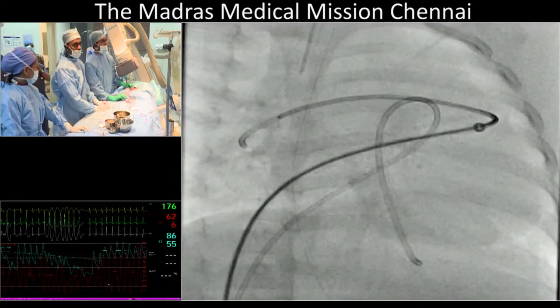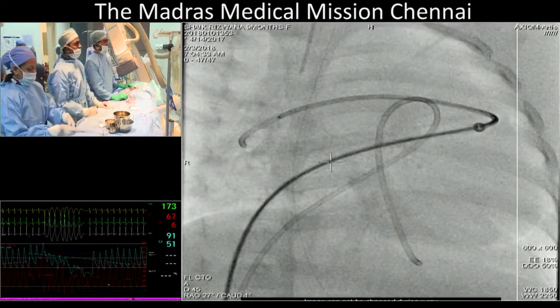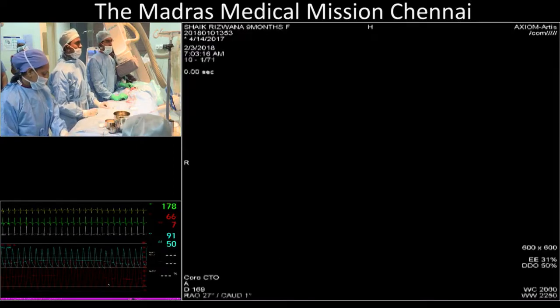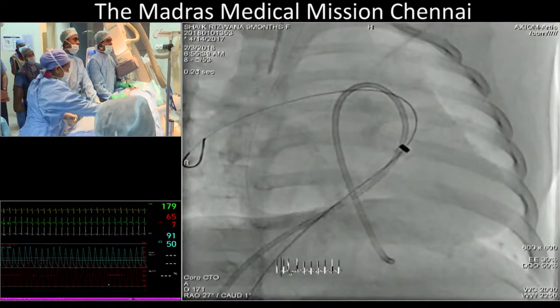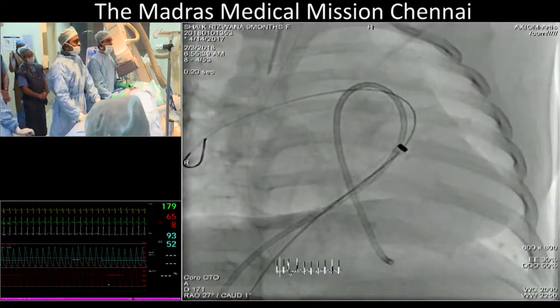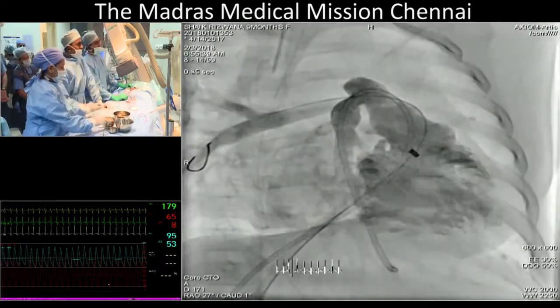Show two before. One more before. Okay. This was the previous, following the Tyshak balloon with 4 atmospheres, and the second one was next.